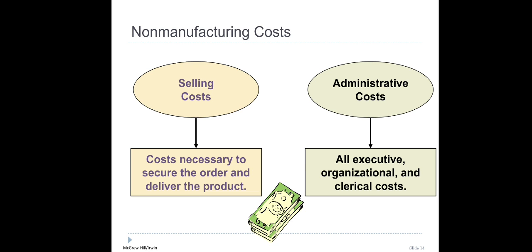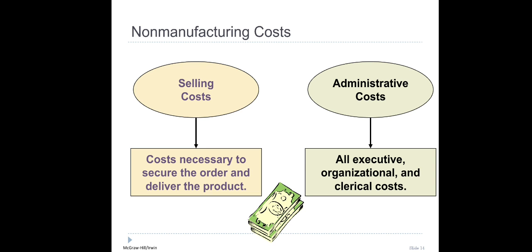So selling costs, see here in the slide, the left side of the slide. Selling costs are costs necessary to secure the order and deliver the product. Any cost that you pay to get orders from customers and to deliver product to customers is categorized as selling costs.